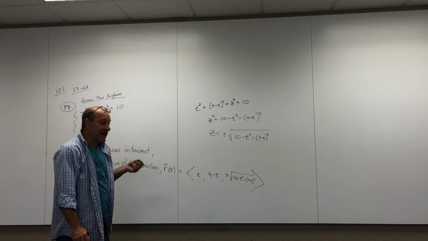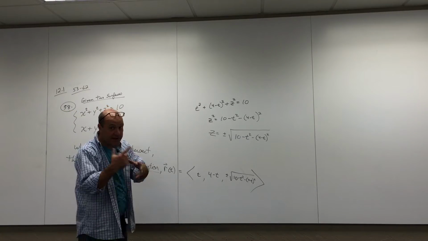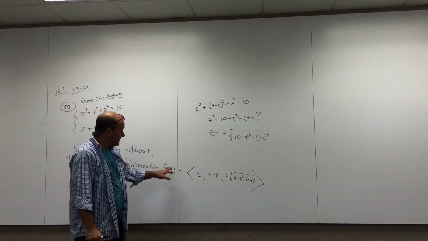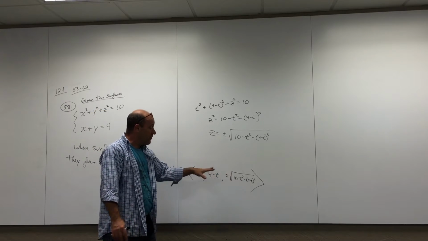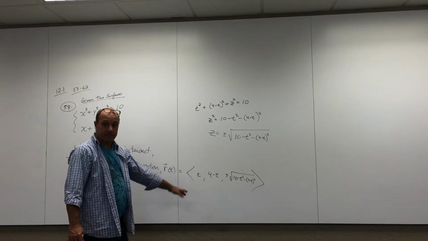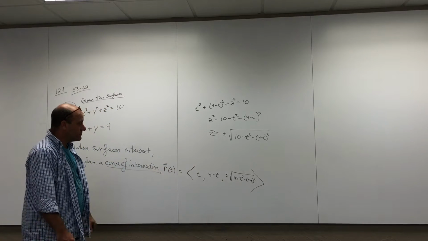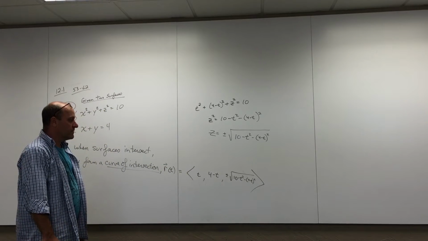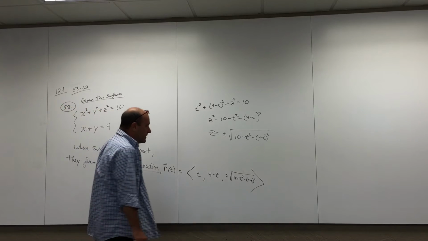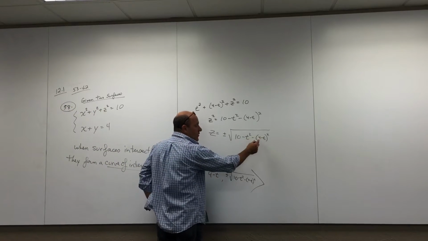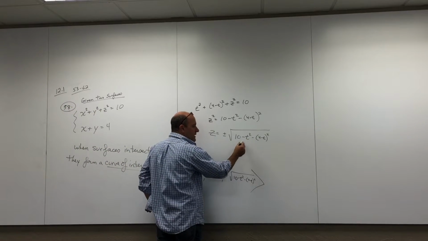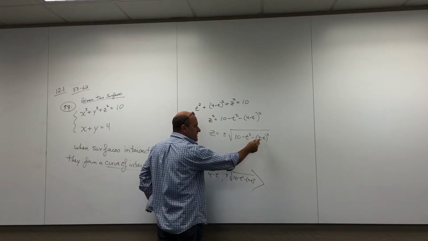If I had some cool technology to do some cool 3D graphing, I could type this in and see this curve of intersection. Hey, just for fun, I think this does simplify quite a bit if I'm thinking right here. Oh, no, it doesn't. Not as much as I thought.